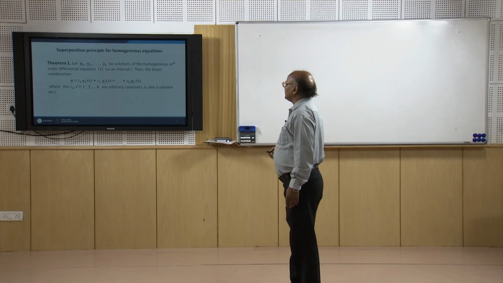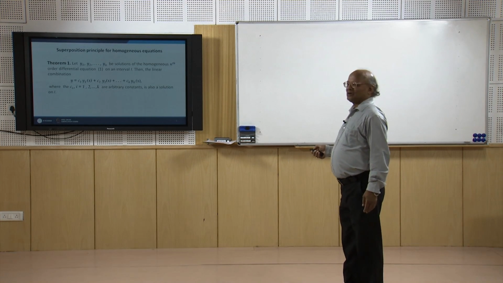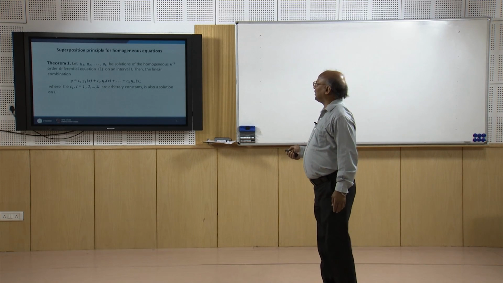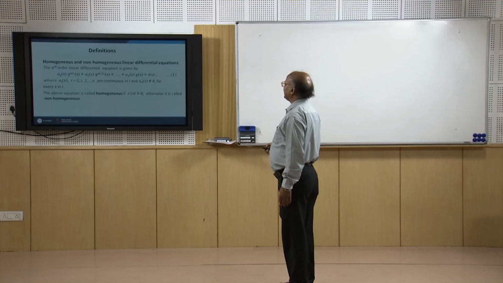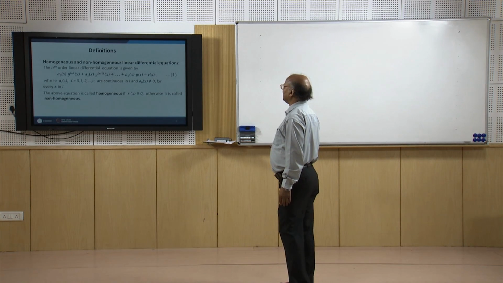Regarding the homogeneous linear differential equations, there is a very nice theorem which we call the superposition principle for homogeneous functions. It says that let y1, y2, ..., yk be k solutions of the homogeneous nth order differential equation 1. We are considering the homogeneous equation here, which means that we are taking R(x) to be identically 0.